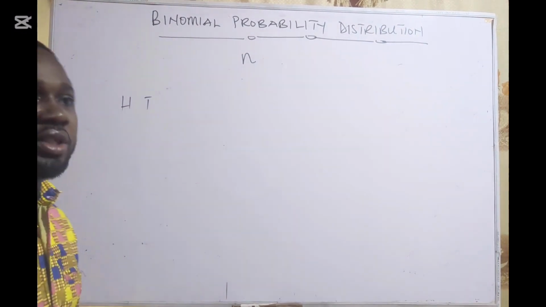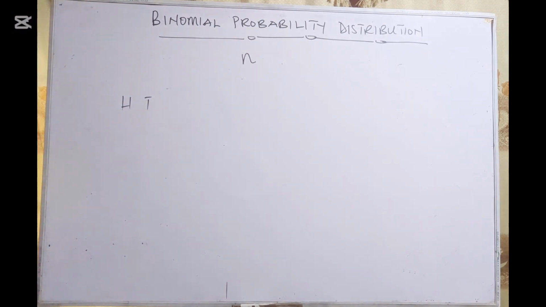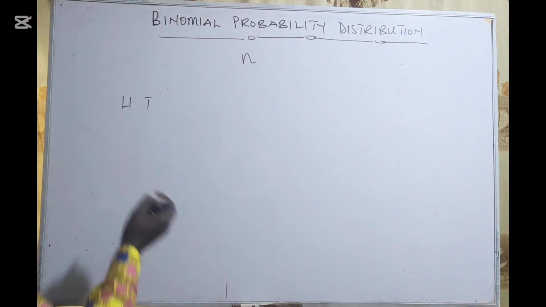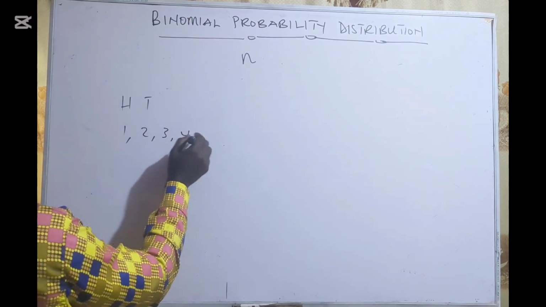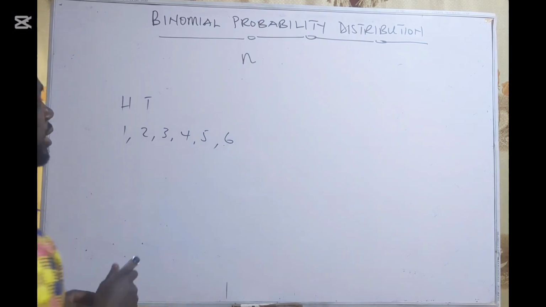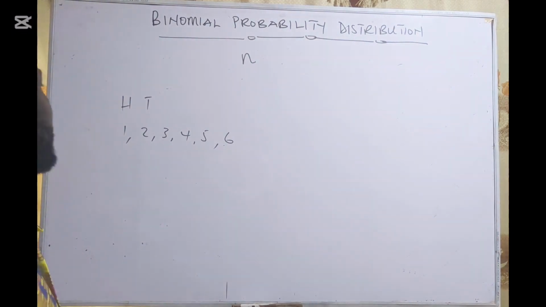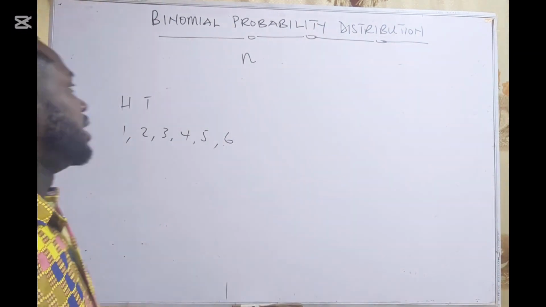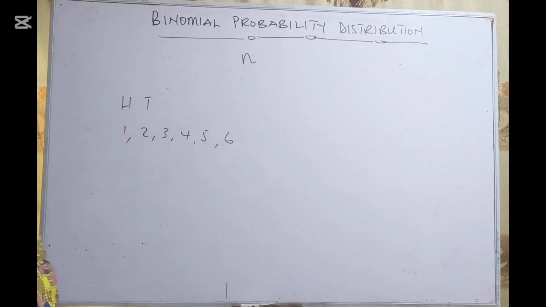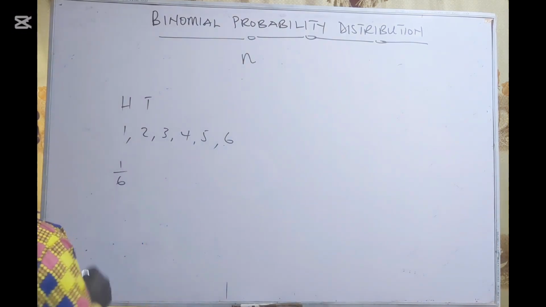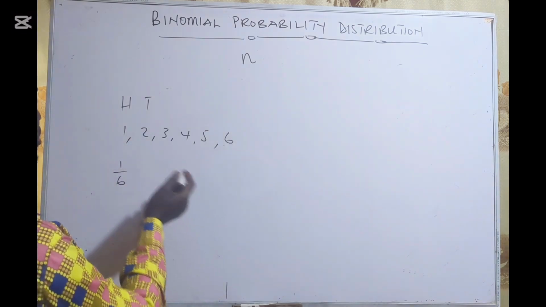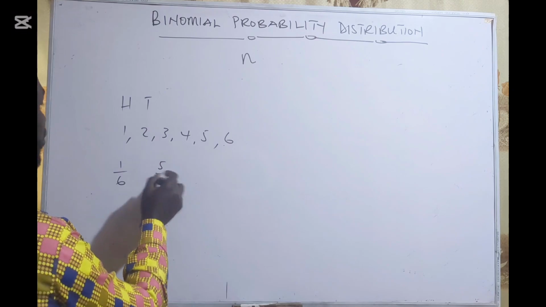Or you are tossing a die. If I toss a die, my possible outcomes are 1, 2, 3, 4, 5, 6. So my success can be that in tossing the die, 4, let's say, shows up. If 4 shows up, that will be 1 out of 6. And then the rest is 5 out of 6.